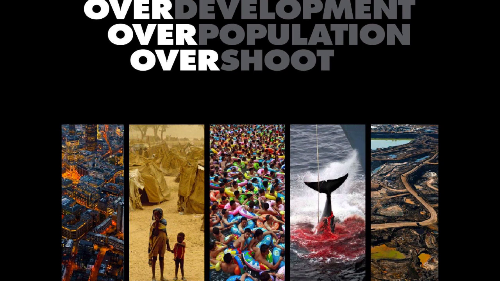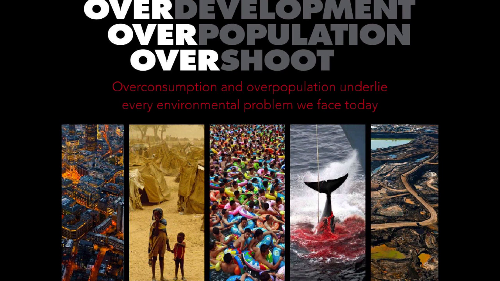As the French navigator Jacques-Yves Cousteau said, behind every environmental problem we face today, we always find two linked issues: overconsumption and overpopulation. Those two topics, which a lot of the time we tend to set against each other, are usually a reason behind an environmental issue that we observe.